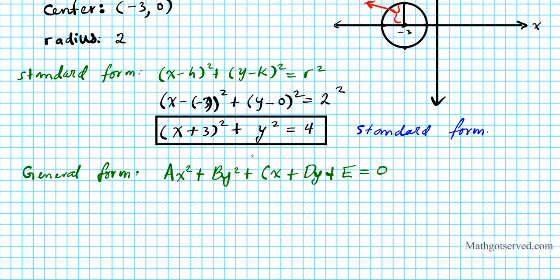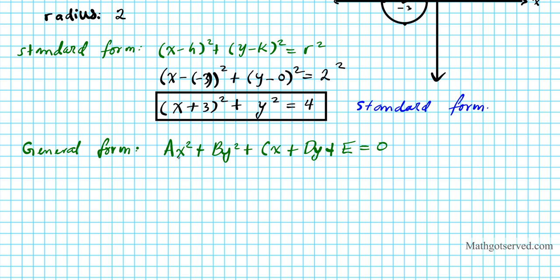So as we did before, we're just going to expand this completely, organize the variables in descending order of degree, and then set equal to 0. All right, so let's go ahead and do that. Rewrite the standard form again. (x plus 3) squared plus y squared equals 4.